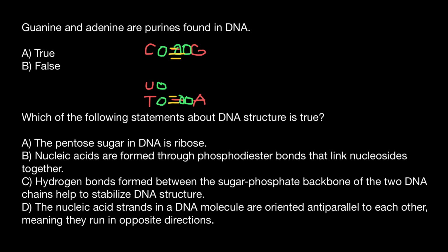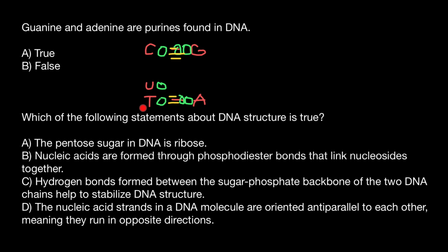And the last thing, probably some of you would consider it's not logical, just like in my previous explanation it was logical, but now you just have to memorize that for those bases which are long, so have two rings, we have the short word purines, and for those with one ring we have the long word pyrimidines.